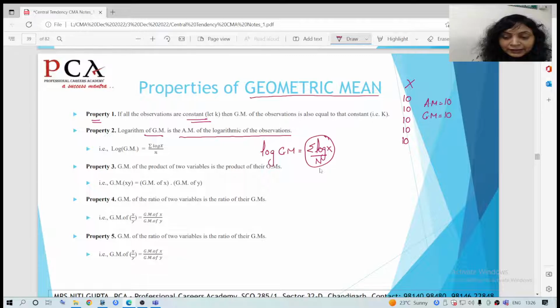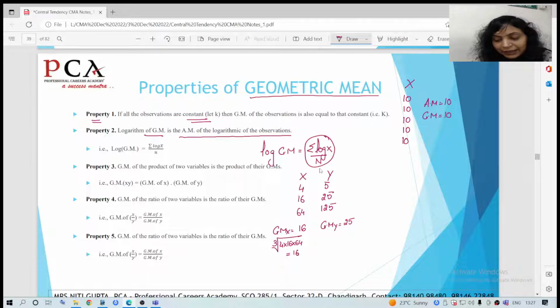Third property: now suppose we have two series, x and y. Suppose the x series has 4, 16 and 64. The y series is 5, 25 and 125. So the geometric mean of x series, if we compute, becomes 16, and the geometric mean of y series is 25, because cube root of 4 into 16 into 64 becomes 16, and cube root of 5, 25 and 125 becomes 25.